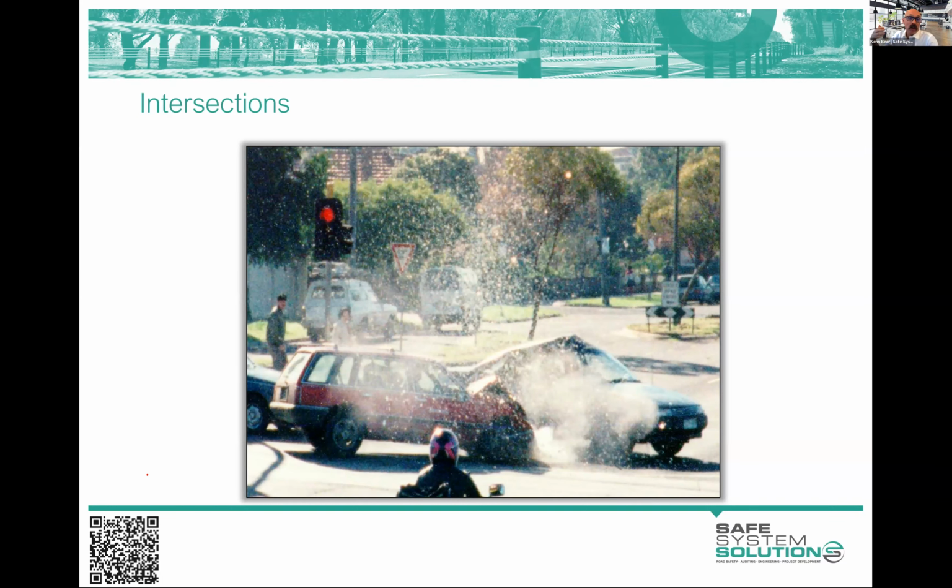So they may not hit it, or they may clip it, and then we see vehicles leaving the road at intersections. So we see an increase in run-off-road crash likelihood at intersections due to that turbulence that can occur.